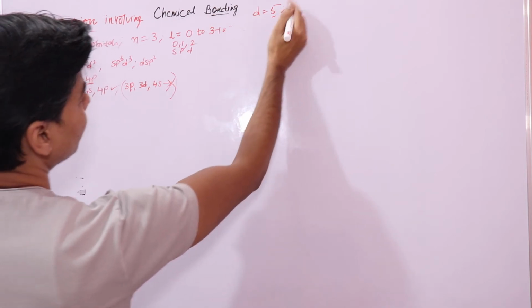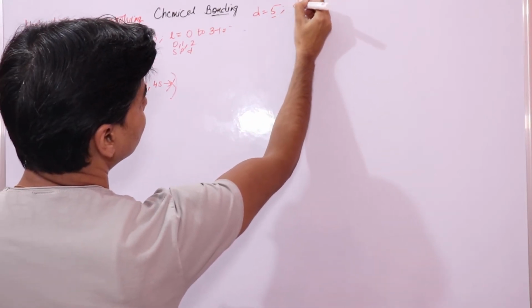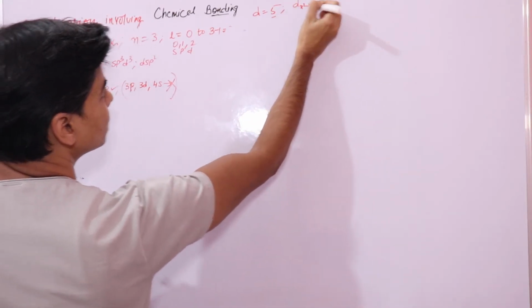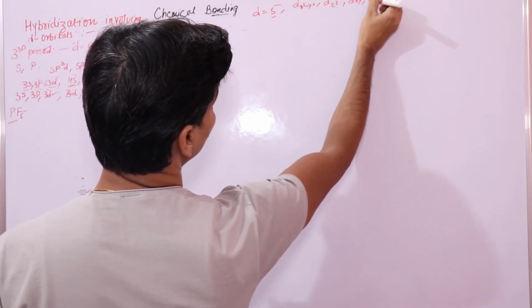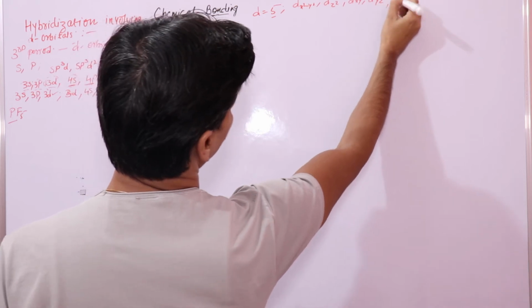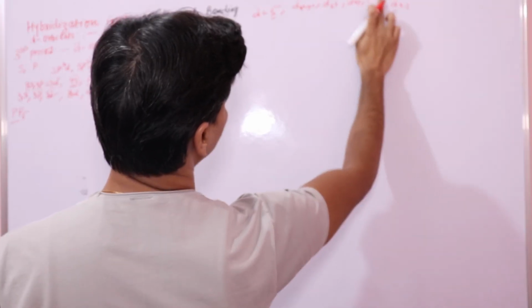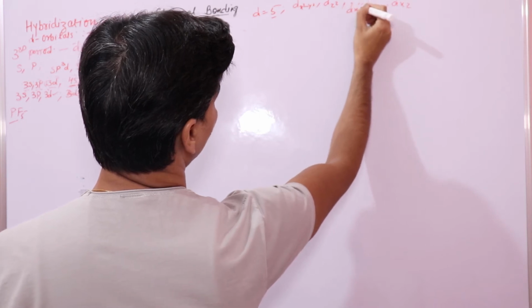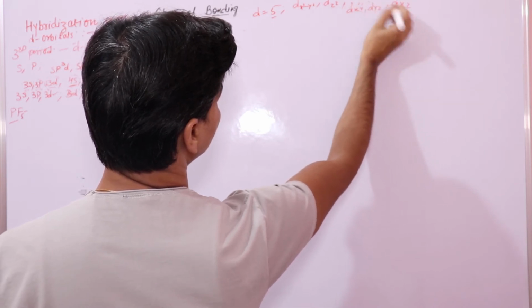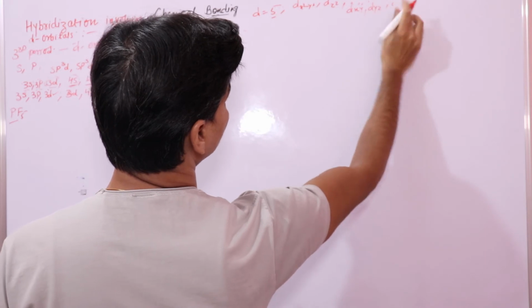And these are dx square minus y square, dz square, dxy, dyz and dxz.